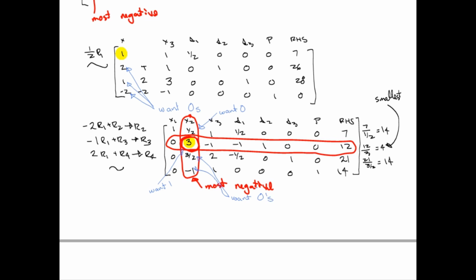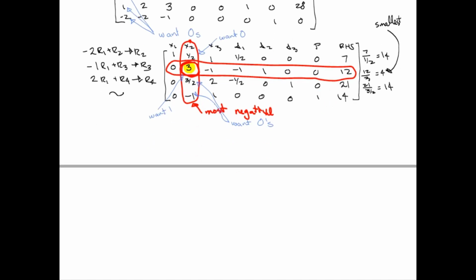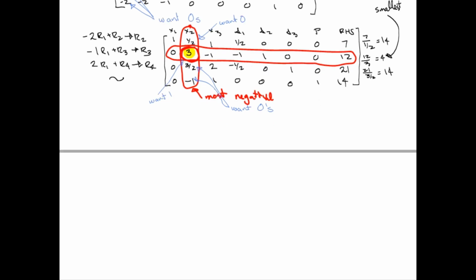And so, as always, we're going to get the 1 first, and then we're going to get the zeros. So we are going to multiply that second row by 1/3. So that gives me 1/3 row 2 into row 2.